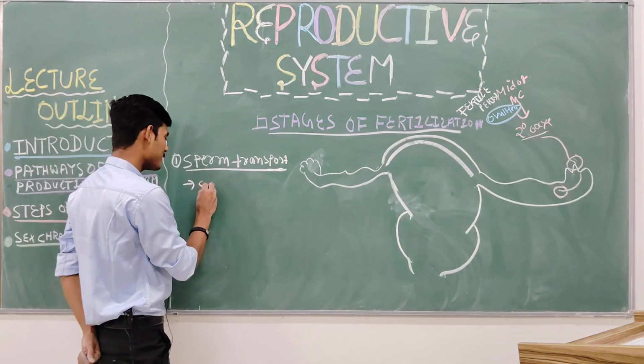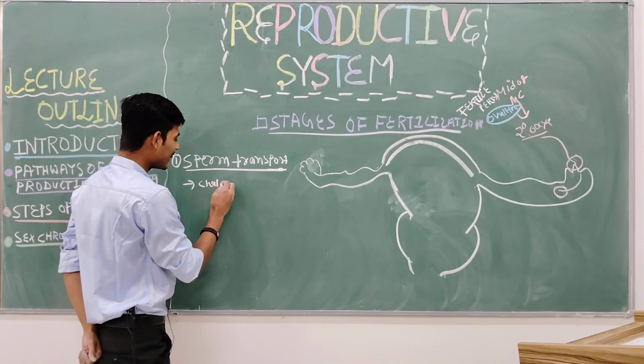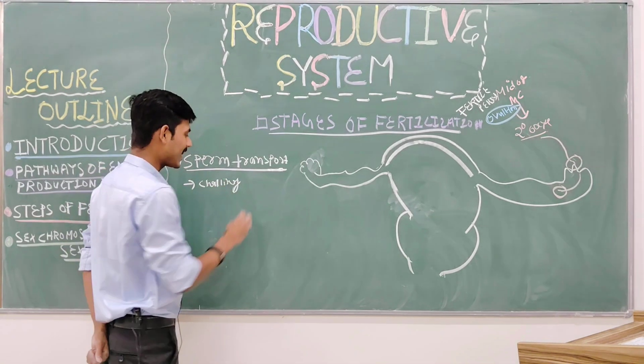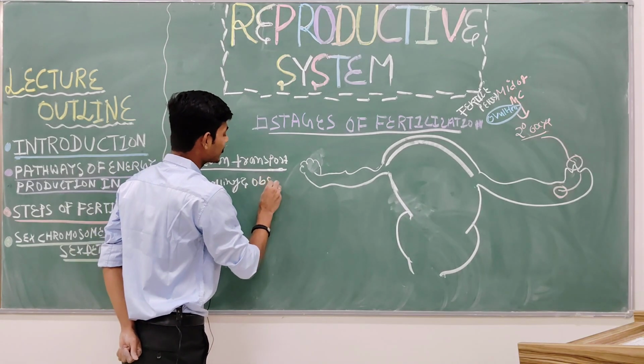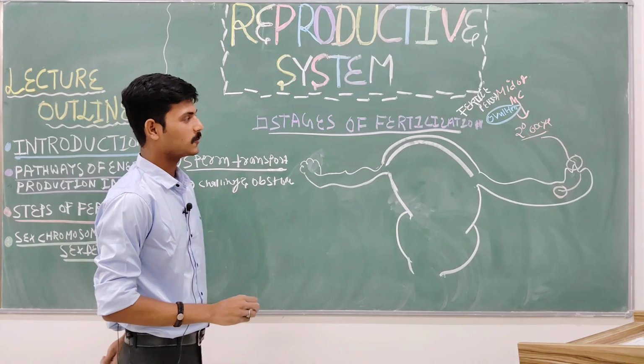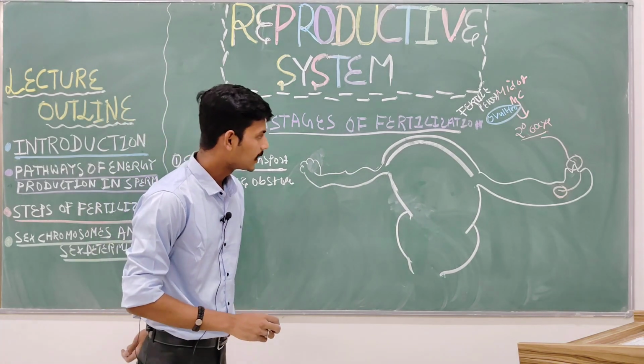The first thing you should always remember is that for fertilizing the egg, sperm have to face the challenges and obstacles. Now, what are the challenges and obstacles faced by the sperm in order to fertilize the egg?